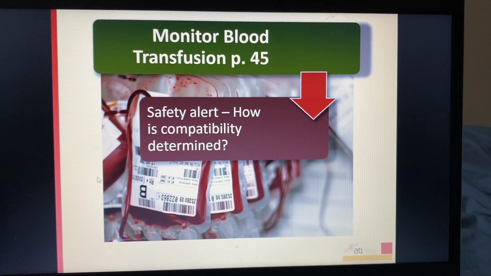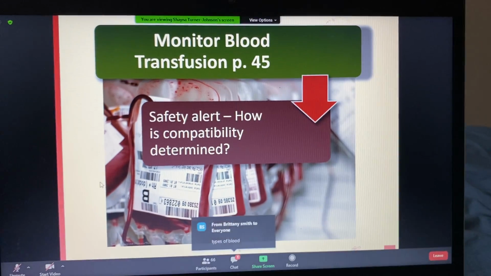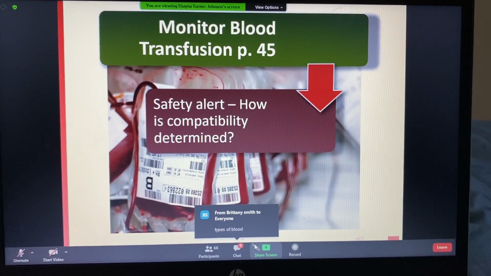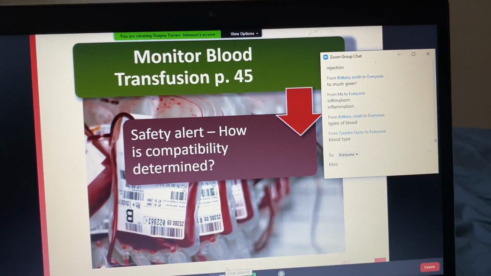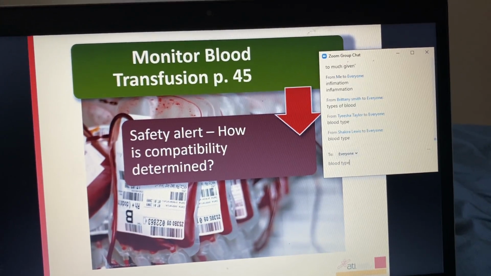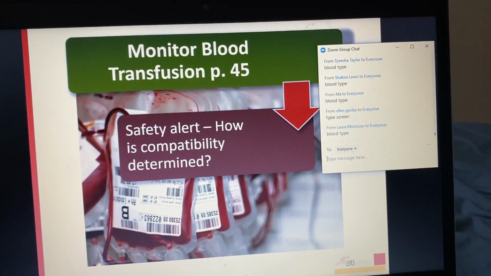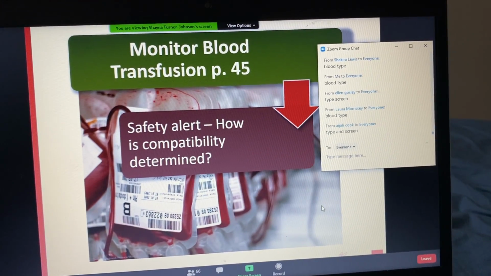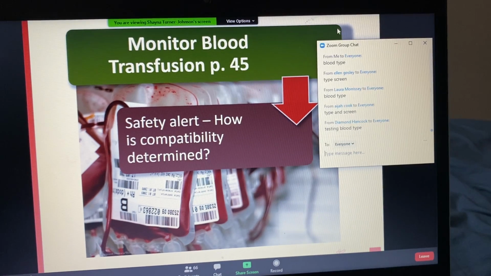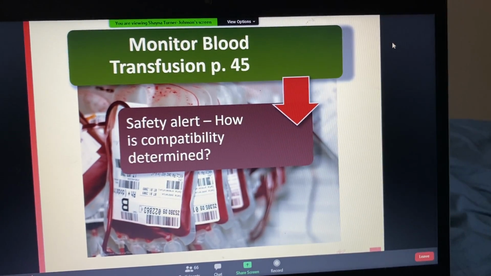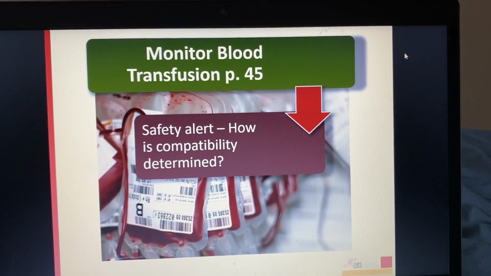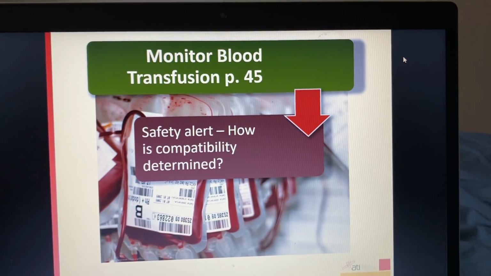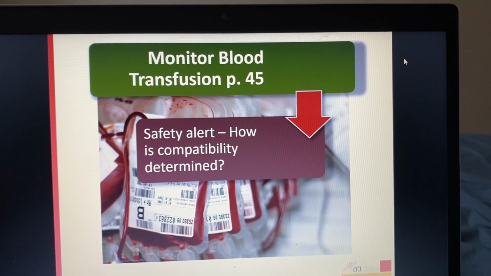How do we decide who gets what kind of blood? Because a blood mismatch is the worst type of transfusion reaction to have. Okay. So we type and screen a patient, right? We take a sample of their blood, we send it down to the lab, and the lab tells us they're A, B, or O, or AB.